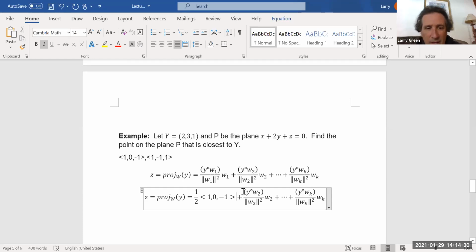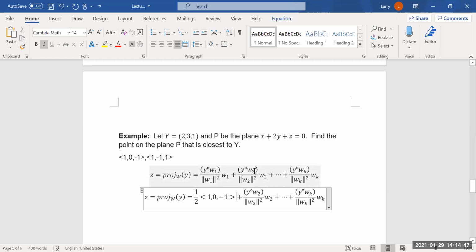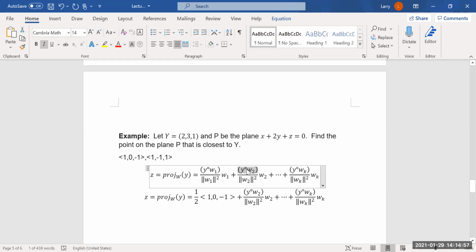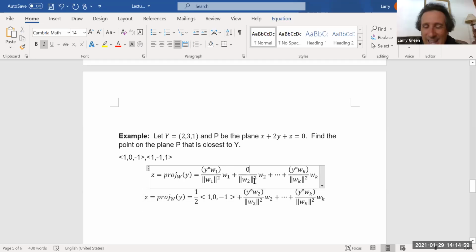Okay. Then I do the same thing with w2. What's y dot w2? Three. What do you get? I get 0. I tried to make a really easy example. And then I don't even care about the rest.